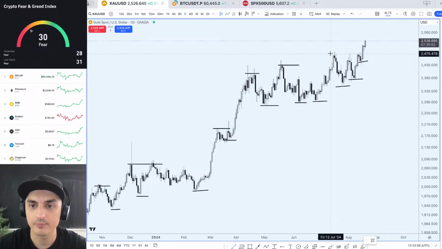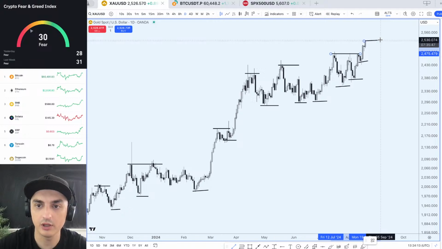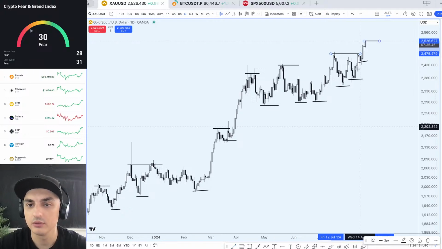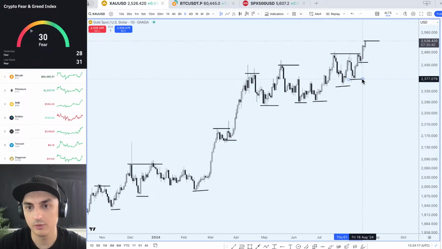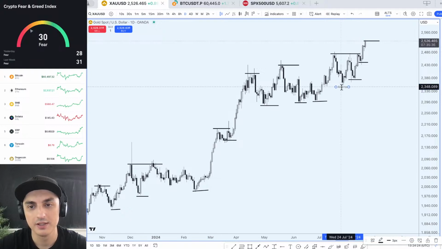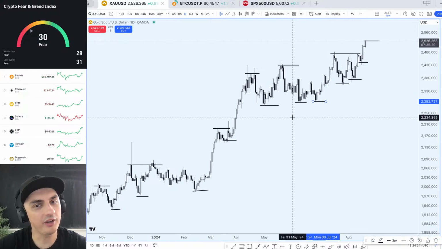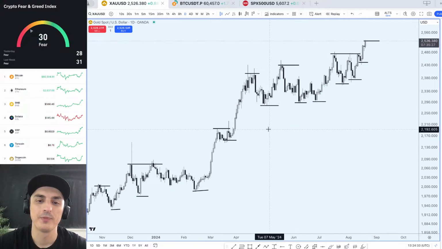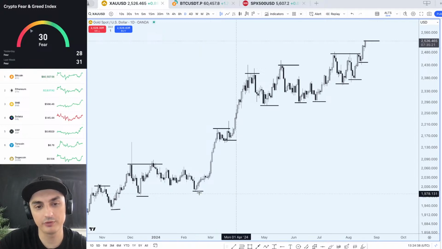It's clear that some big funds, some big guys go into gold as a safe haven. Probably those old timers in the crypto market still believe that Bitcoin and crypto is going to be a safe haven from market volatility and things like this. However, that is not proven right now.